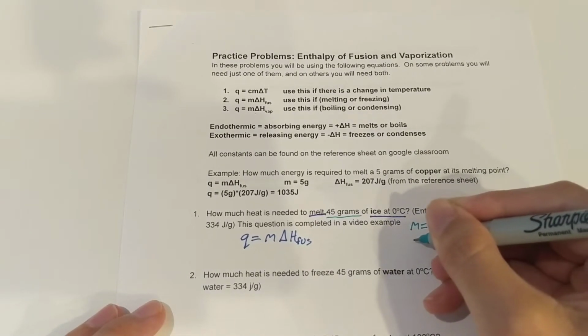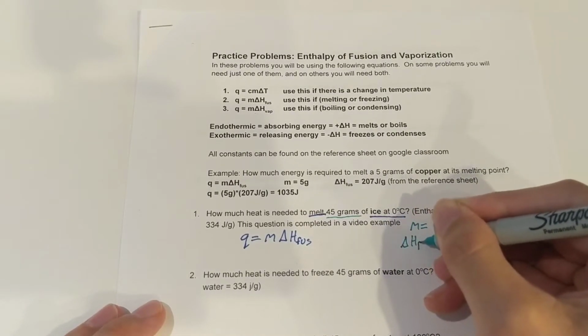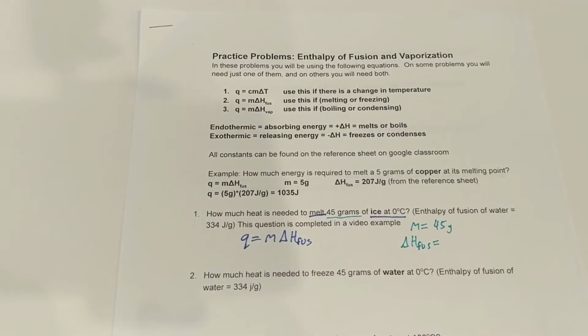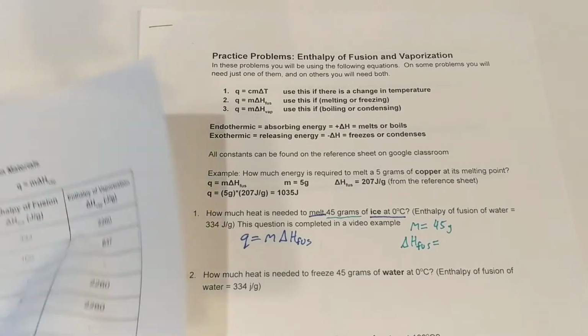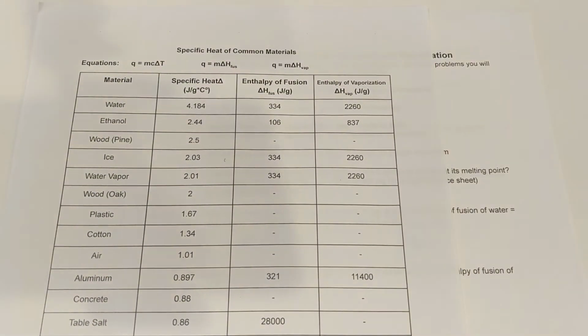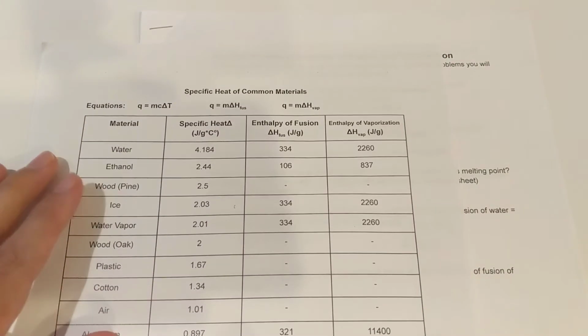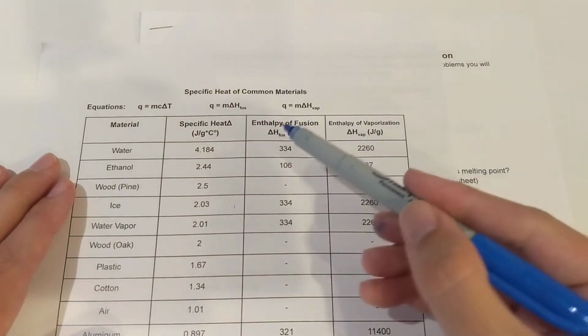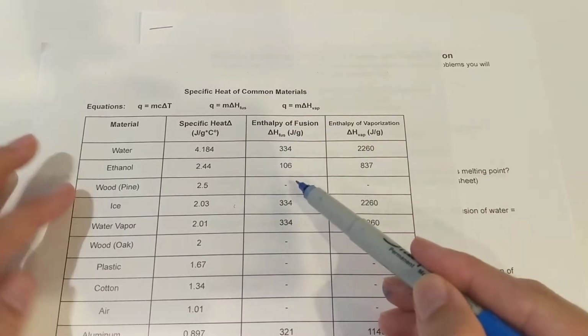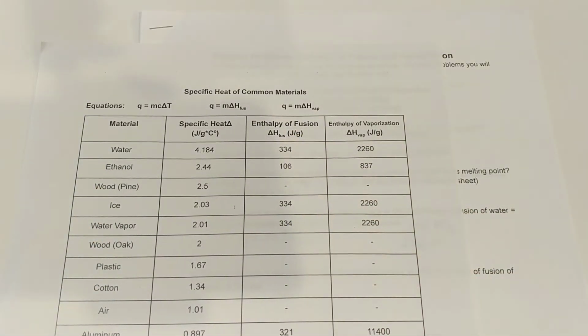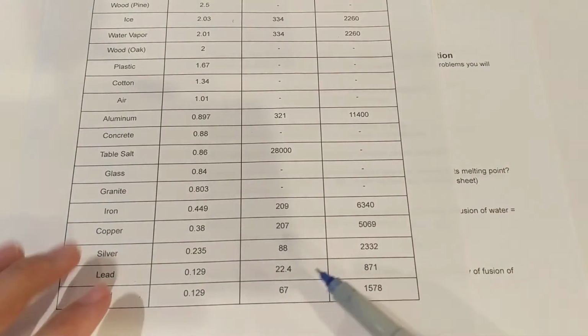But we really need to know our enthalpy of fusion. Enthalpy of fusion is different for each substance. And luckily we have this table, which is linked directly in the Google Classroom under the same assignment, so you can use this table. All of our enthalpies of fusion for all our different substances will be right here, all the way down.